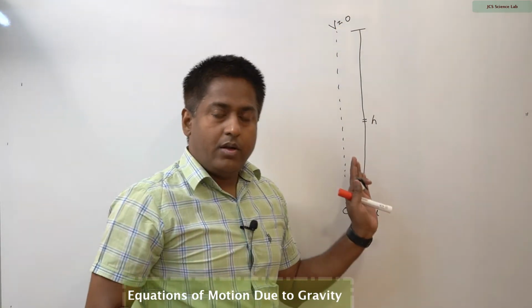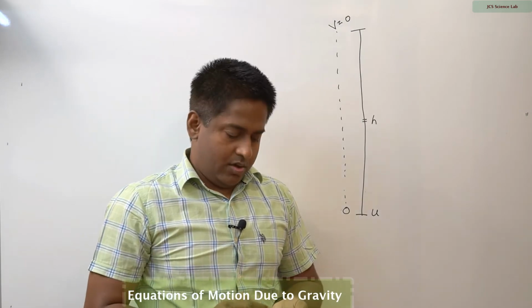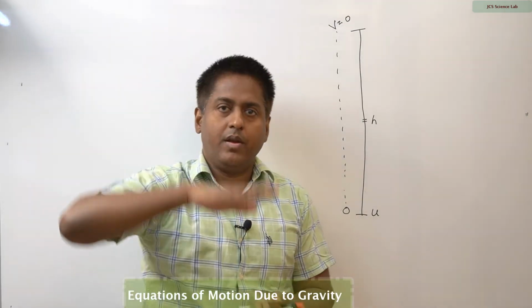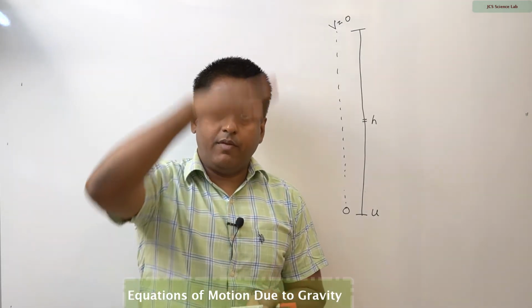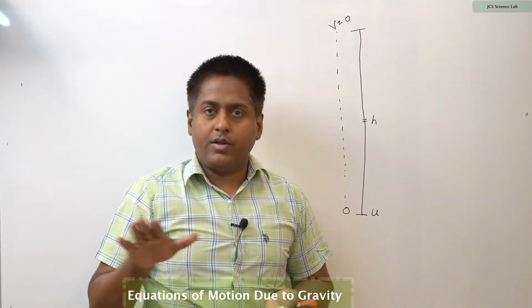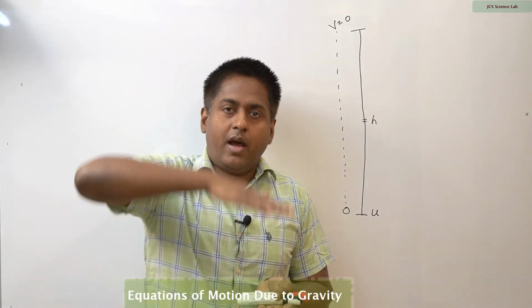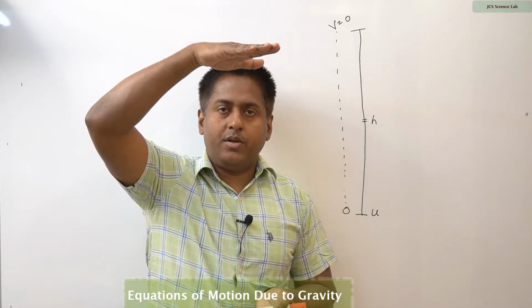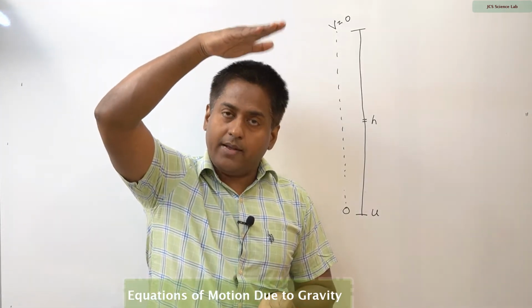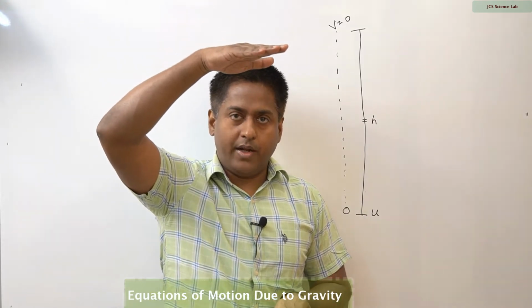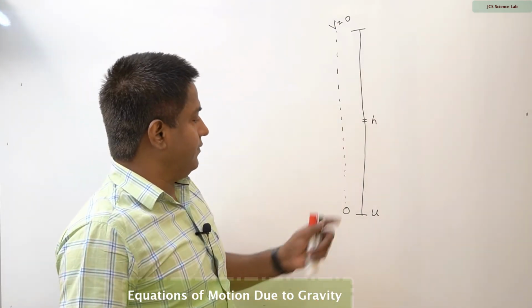So one point: when you throw an object upward, it is thrown with some initial velocity. Initial velocity is not 0 in this case when you throw. At the highest position, the object stops, so the final velocity is 0 at the highest position, right? So v is 0 here.